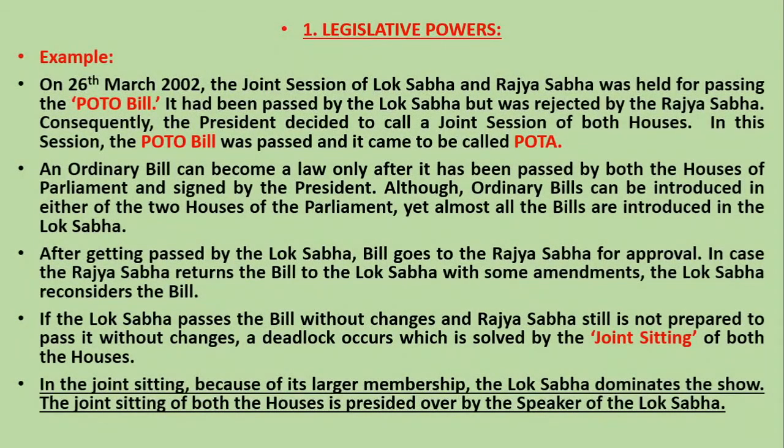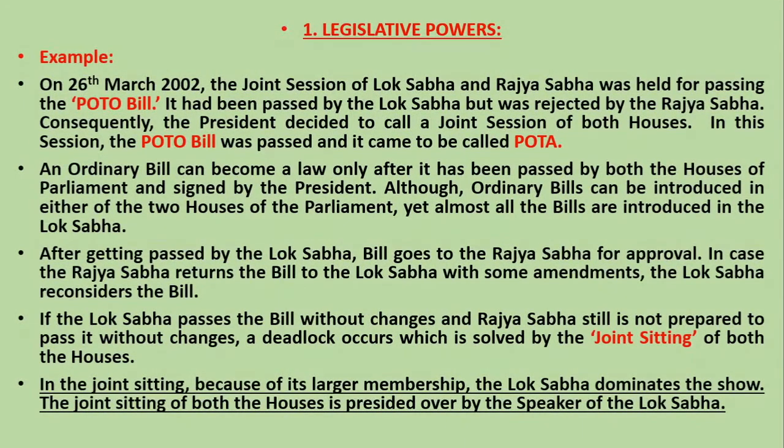So you see, what is the condition here? In the POTA bill also this happened. The Lok Sabha passed the bill, but Rajya Sabha suggested some changes which were not accepted by Lok Sabha. So the situation was deadlock, and the President called the joint session. And in the joint sitting, this bill was passed and it became POTA.